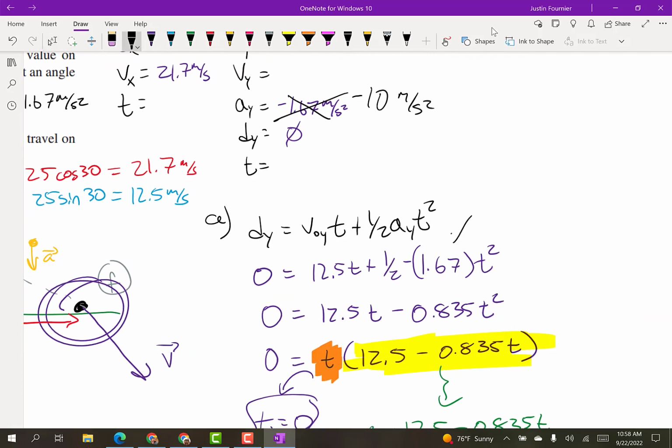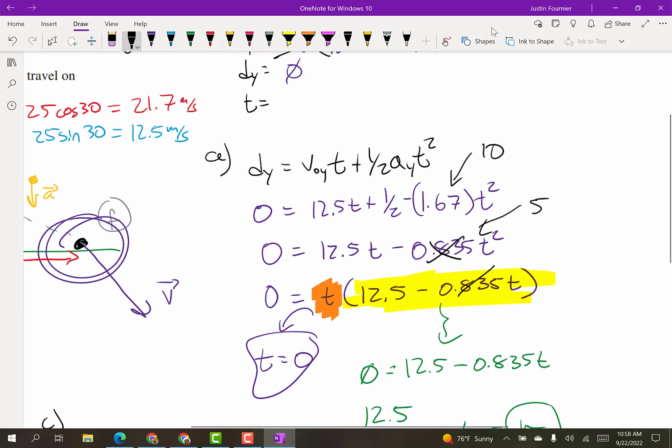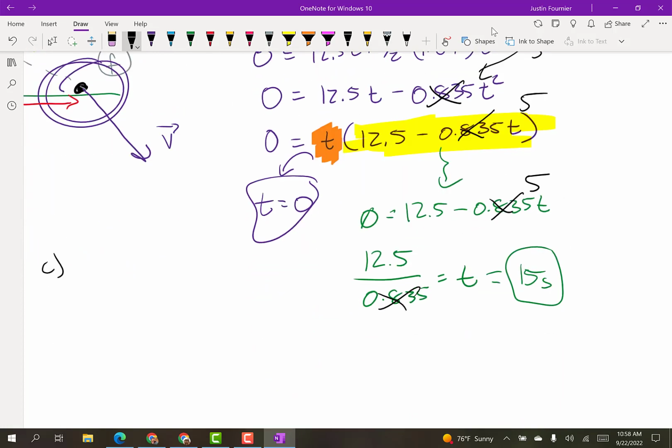So this becomes 10, which means this becomes 5. So it's 12.5 divided by 5, which becomes 2.5 seconds it would be in the air.